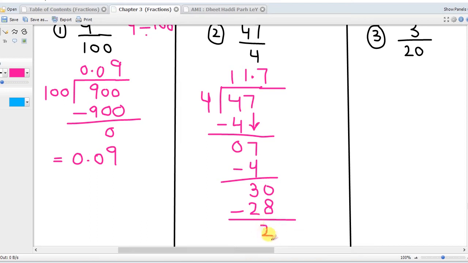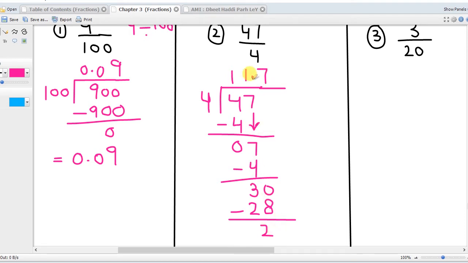Now since the remainder value is 2, which is smaller than my divisor 4, 2 does not come in the times table of 4. Now again I have to put a 0 here. Since I have already written the decimal point here, there is no need to put another decimal point or put a 0 in the answer, right?